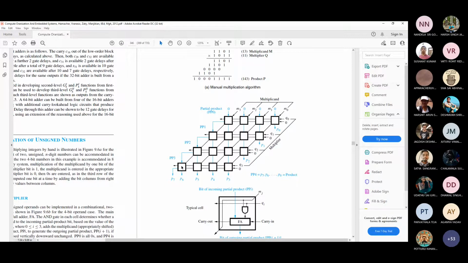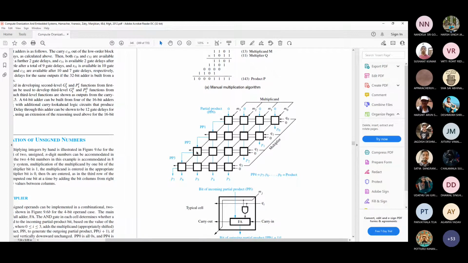Probably, if I am right, it may be 1, 2, 3, 4, 5, 6, 7. Then 1, 2, 3, 4, 5, 6. You can calculate how much time it will take.